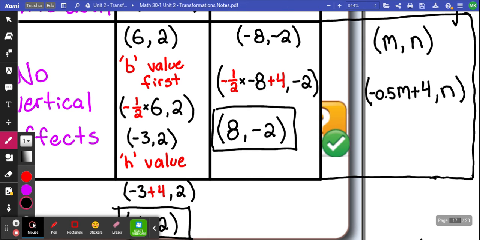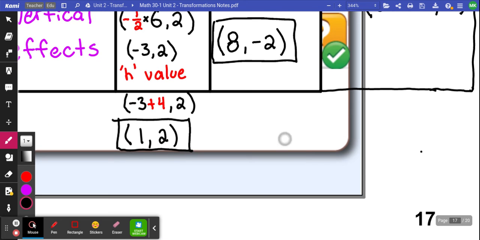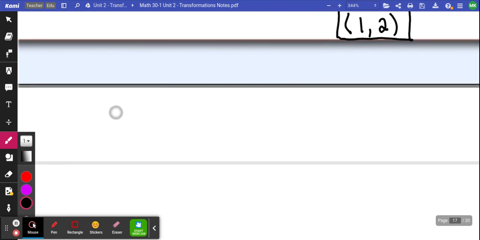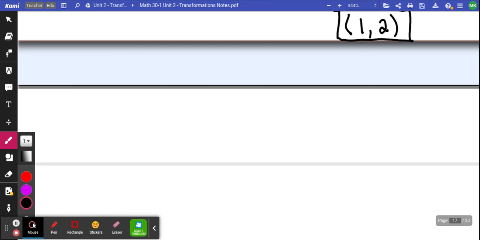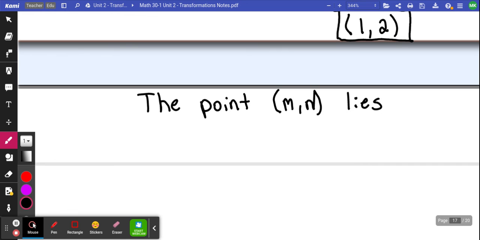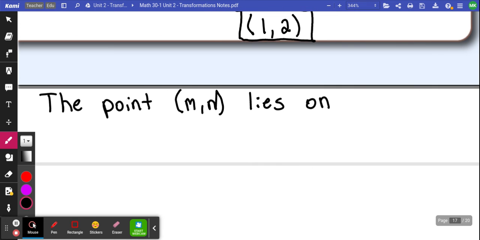So the test question would just be like, if you get to this point from here, it went through these following transformations. Which one is it? It could be written a million different ways, right? But a good example of how it'd be written: the point m n lies on y equals f of x.